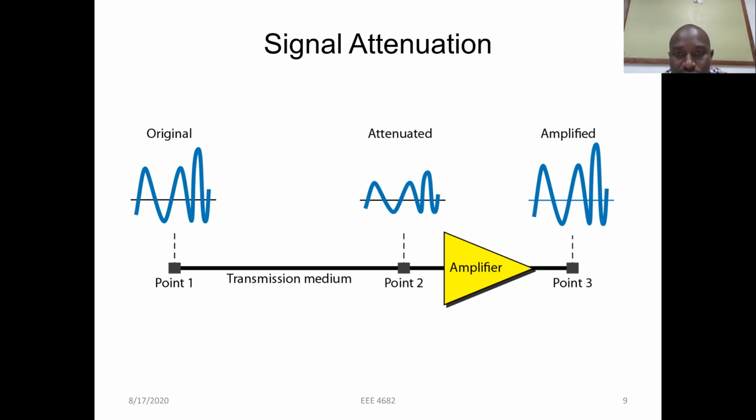This attenuated signal, as you'll notice from this diagram, tends to become weaker as it is transmitted from point 1 to point 2. So what you do basically is pass it through the amplifier or the repeater so that the signal can retain its original strength or energy, as shown at point 3.